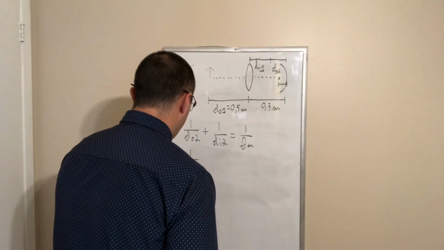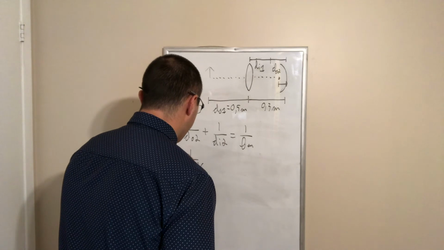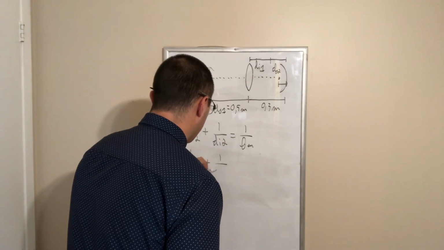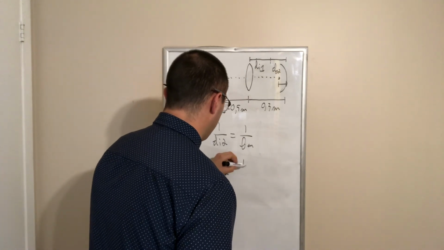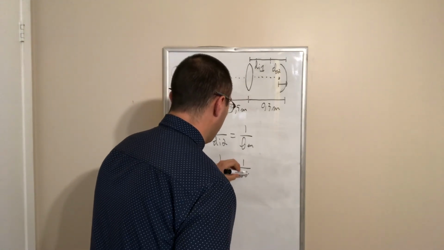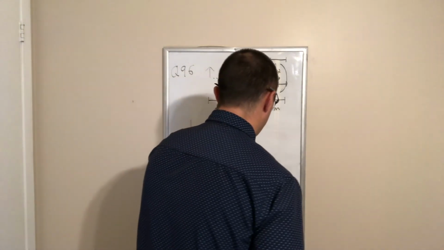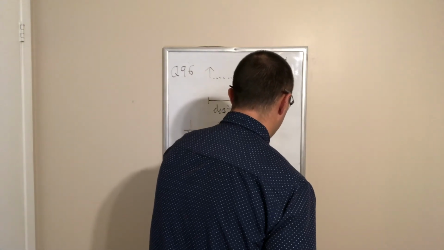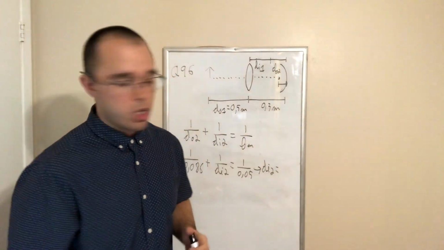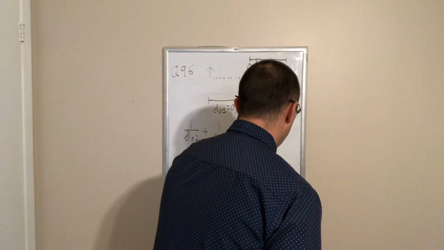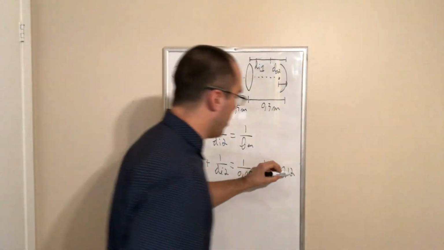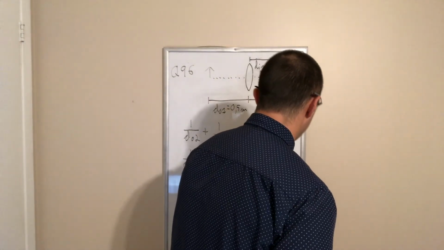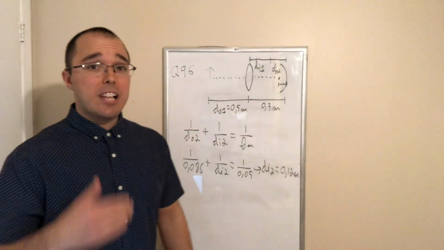So let's just plug in the values that we have. And we get the value for the distance of the image to be 0.12 once we isolate this variable over here. So it's 0.12 meter or 12 centimeter in this case. All right, so that's the first part.